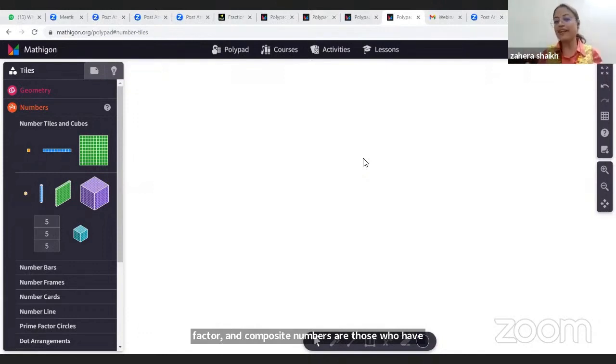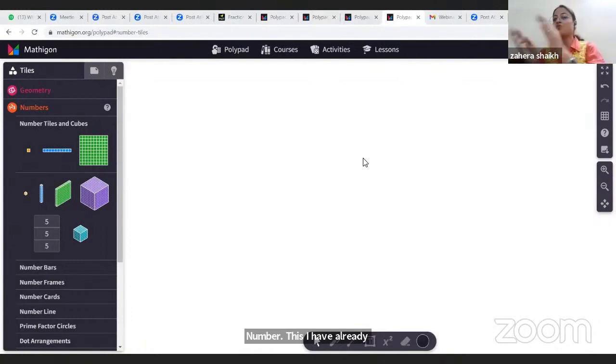We have explained this already in the classroom. I ask them, see, if I write the table of 5, 5 ones are 5. 5 comes only in its table. But if I tell you 10, 10 can be found in the table of 5, table of 2, table of 10. So this is a composite number. This I have already explained.